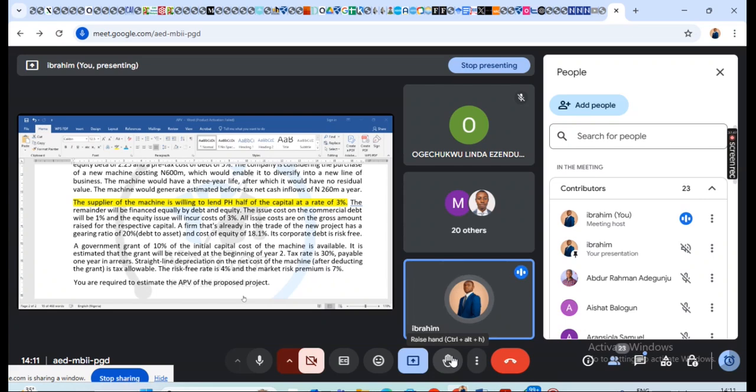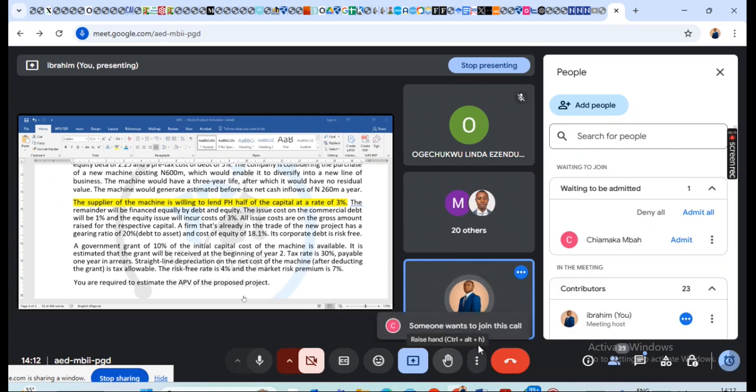If you want to put a grant at the beginning of year 2, definitely it would have been a closing balance in year 1. So you will not go and put the 10% in year 2. Class, let me repeat this again. It is estimated that the grant will be received at the beginning of year 2.